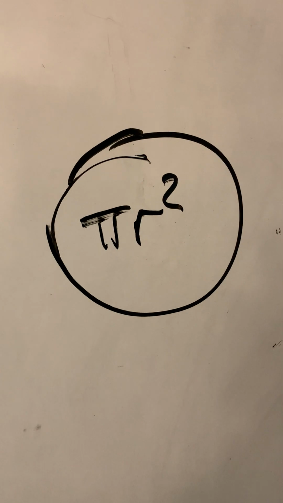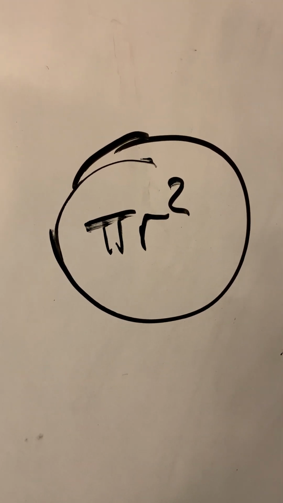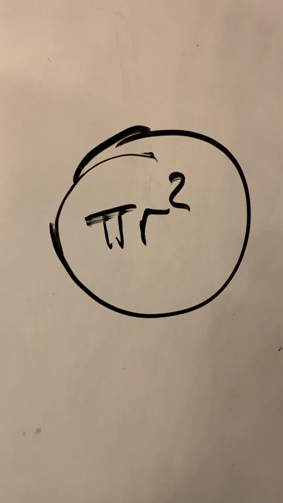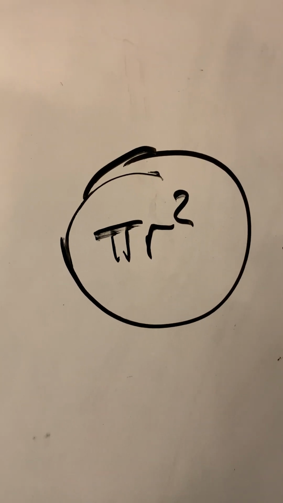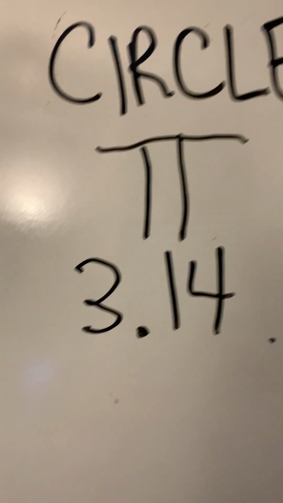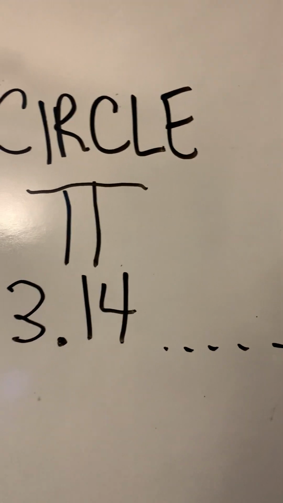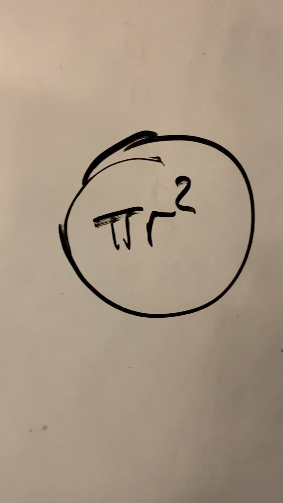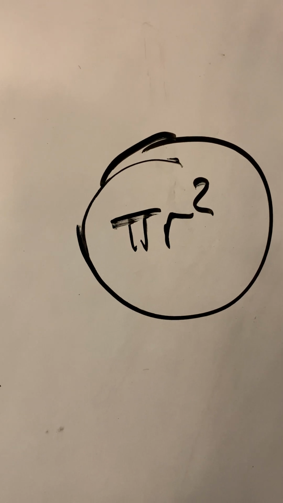Well, I'm going to explain to you a way to remember why this makes sense, why pi r squared makes sense, and really, in some ways, what pi represents. So remember, we're using 3.14, and it keeps on going almost forever. You can keep calculating pi, but for the purpose of this, let's just talk about pi r squared.